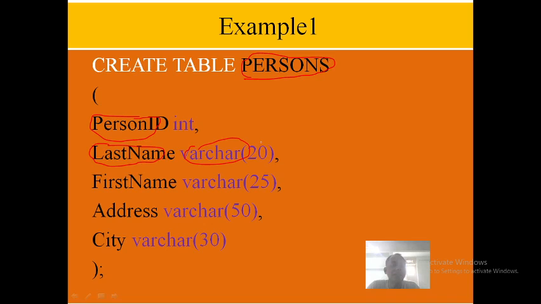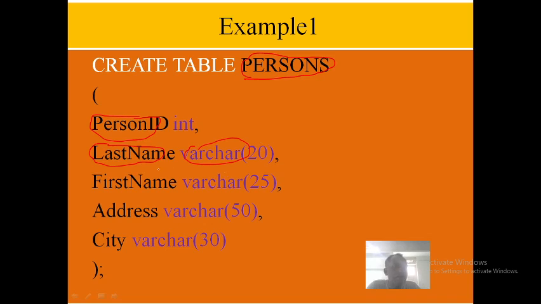Maximum 20 means if your last name is more than 22 characters, then only the first 20 characters will be saved. The remaining last 2 characters will not be saved because the length of the string is 20. You have mentioned it. You can mention whatever size you want.